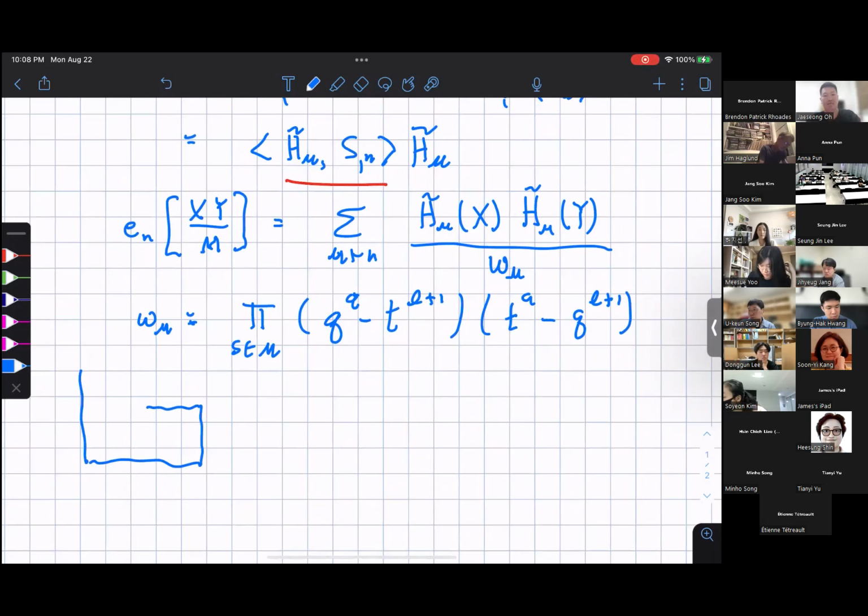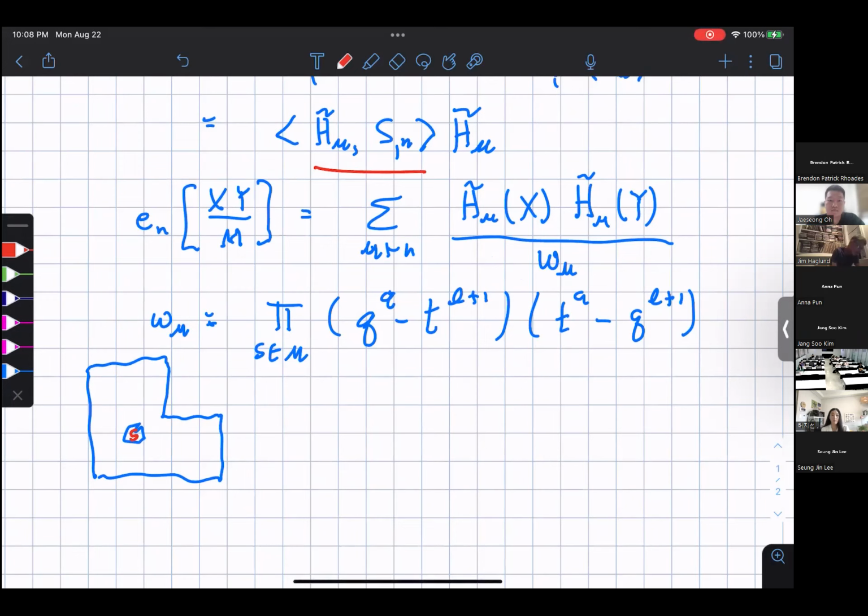So I draw my partitions in so-called French notation, where for a square s here, there's going to be four quantities that we'll be referring to. There's the leg, which is the number of squares going above, the co-leg, the number going down, the arm, the number going to the right, and the co-arm, the number going to the left.